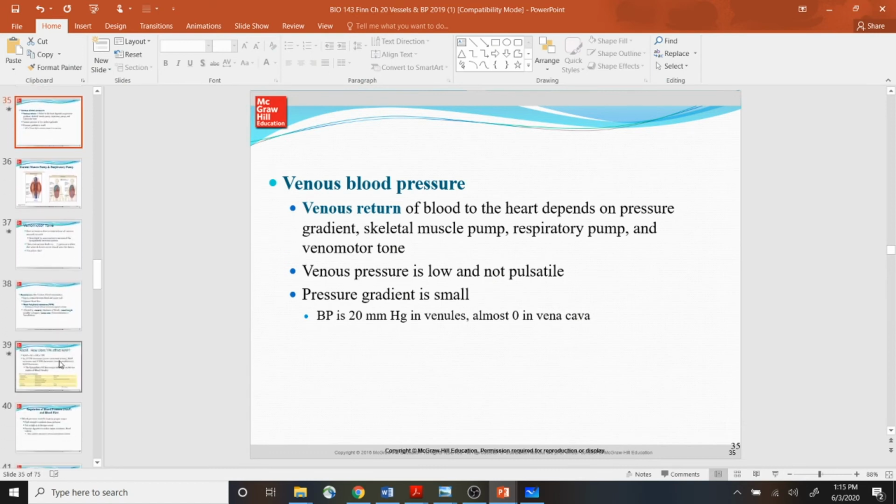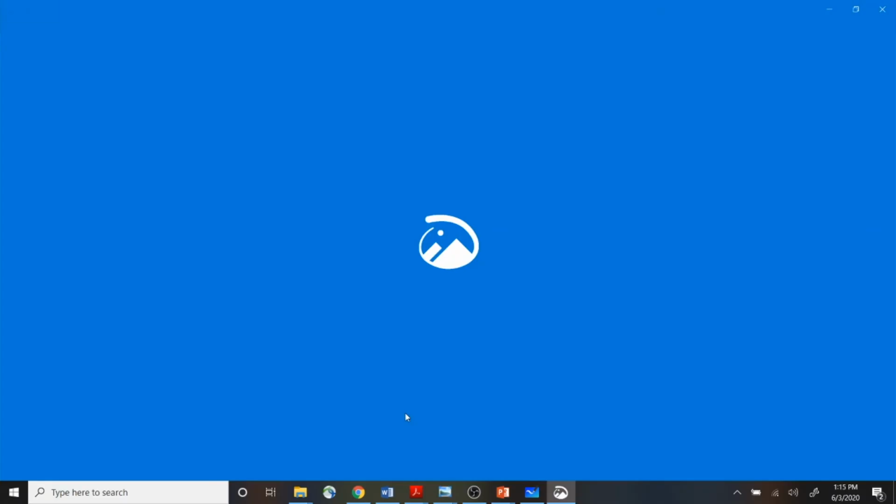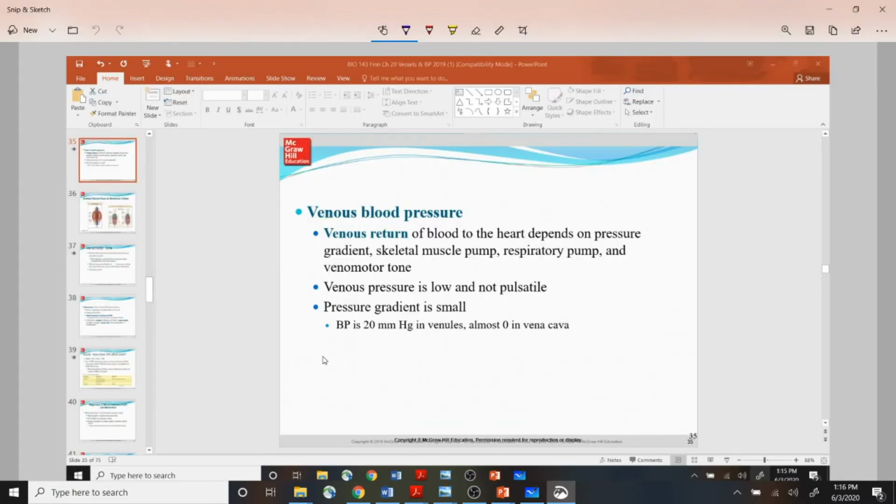Now, before we finish up with this baroreceptor reflex, we also have to understand that the amount of blood returning to the heart, venous blood pressure from the veins, can affect blood pressure. So if you're exercising and there's more venous return, VR, more blood coming back to the heart, think about chapter 19.